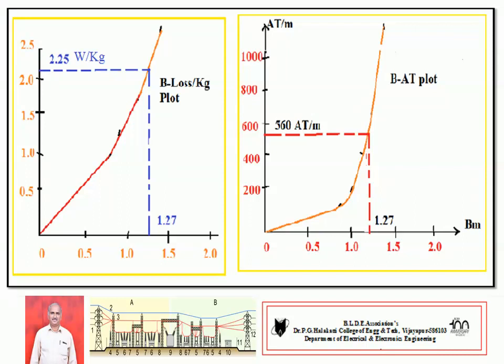Both graphs have been drawn here. You observe, you take a suitable scale. On the Bm axis, 1 centimeter equals 0.5, so we can take 0.5, 1, 1.5, 2, 2.5 and so on. On the y-axis, mmf per meter, 1 centimeter equals 200: 200, 400, 600, 800, 1000, 1200, 1400.